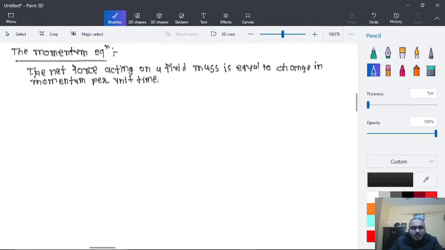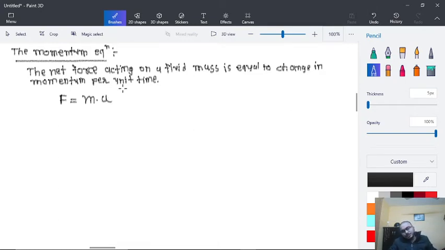The momentum principle is that the net force acting on a fluid mass is equal to the change in momentum per unit time. First we will discuss the net force, F equal to ma based on Newton's second law of motion.